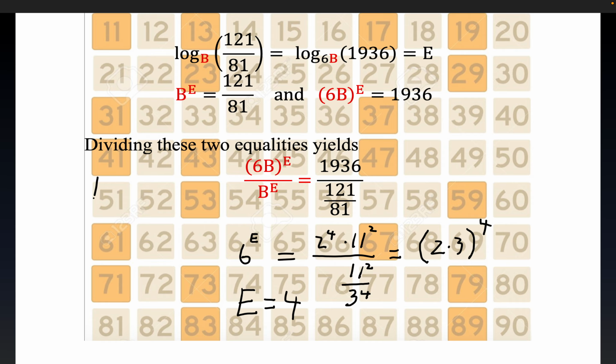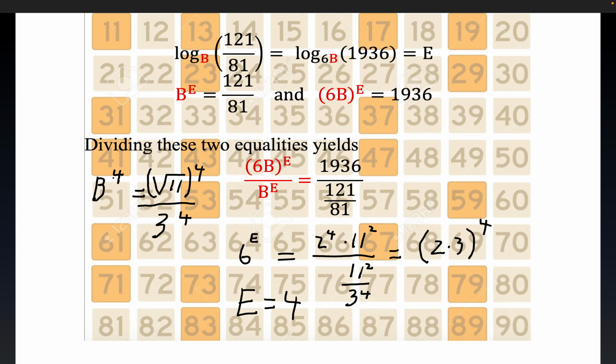So we have b to the 4th is equal to the cube root of 11, raised to the fourth power, over 3 to the fourth.